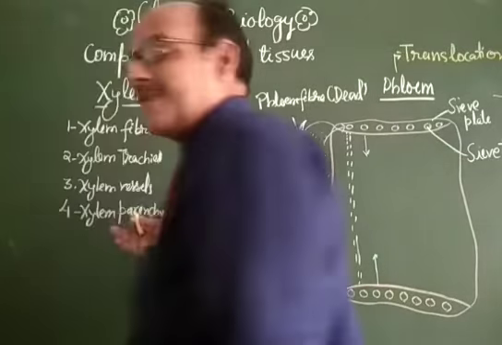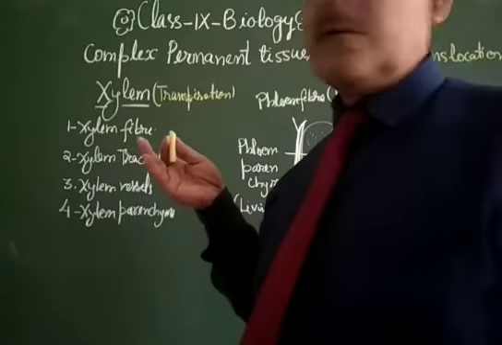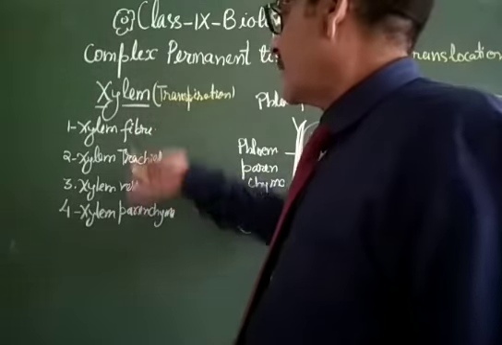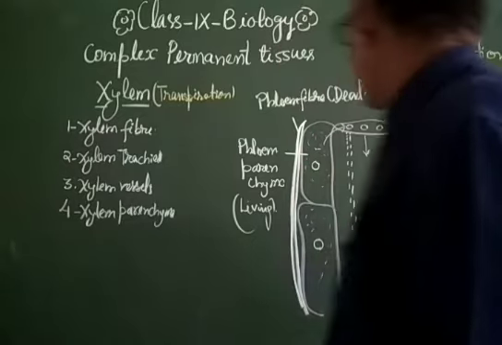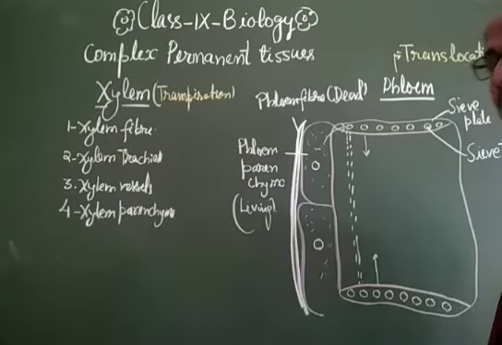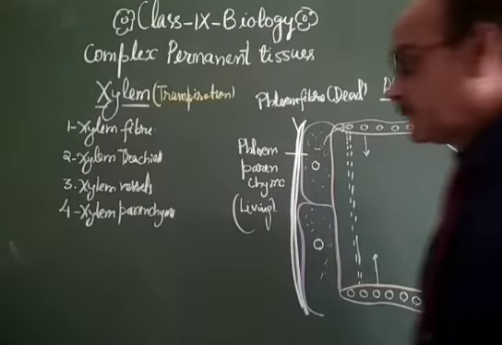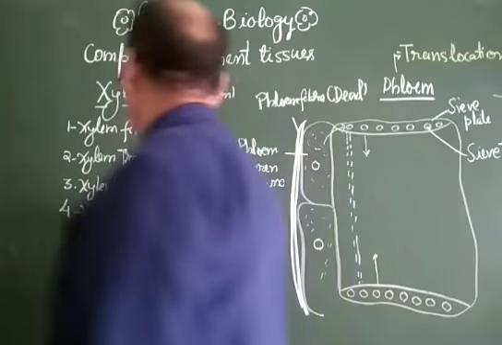Transport of water results in transpiration. So you can say the transport of water is done by the xylem, and transport of food is done by the phloem.